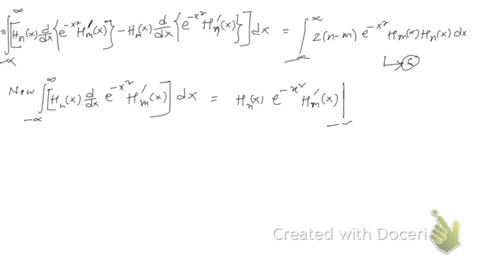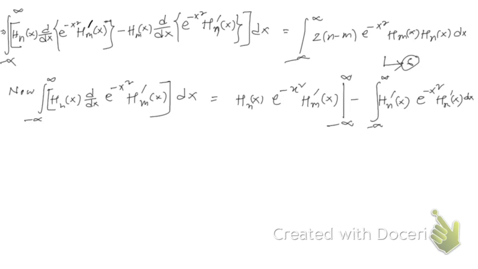So integration from minus infinity to plus infinity, minus integration from minus infinity to plus infinity of the derivative of the first function, Hn dash of x, then the integration of the second function, again e to the power minus x square, Hm dash of x, dx. Hope you have understood this.